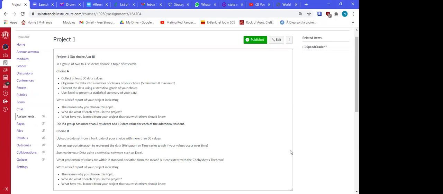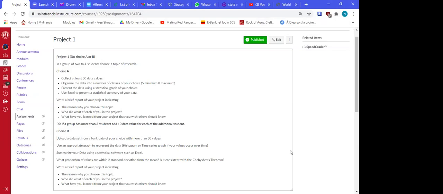For your project, you are going to be in groups of 2 to 4 students. You will choose a topic. For example, you can decide your topic is how long you spend sleeping, and people are going to give you values. I generally encourage you to use quantitative data because there is not too much you can do with qualitative data so far. How many siblings do you have?